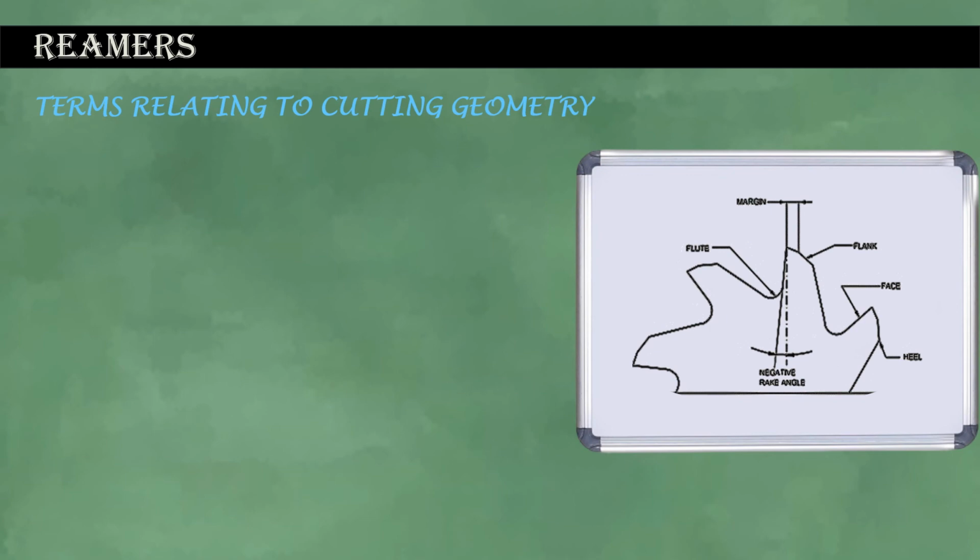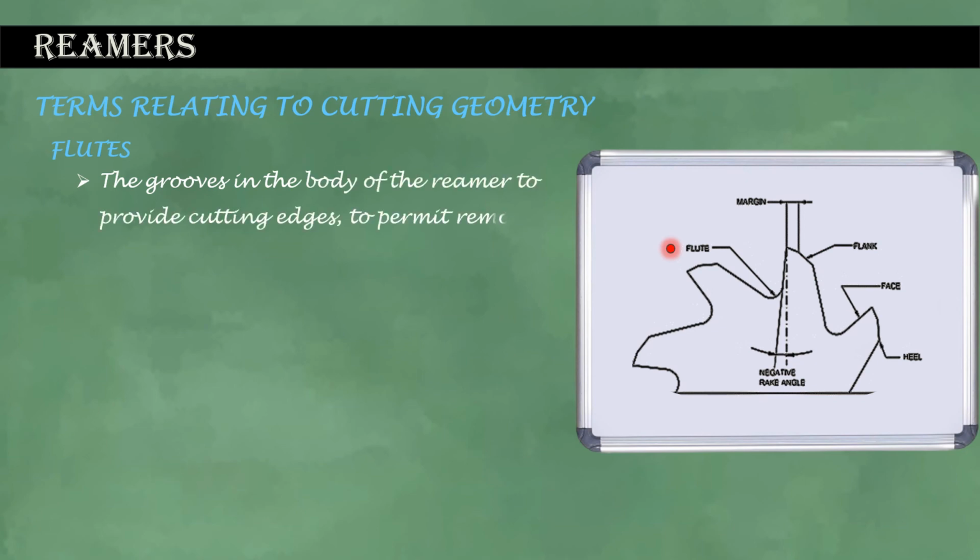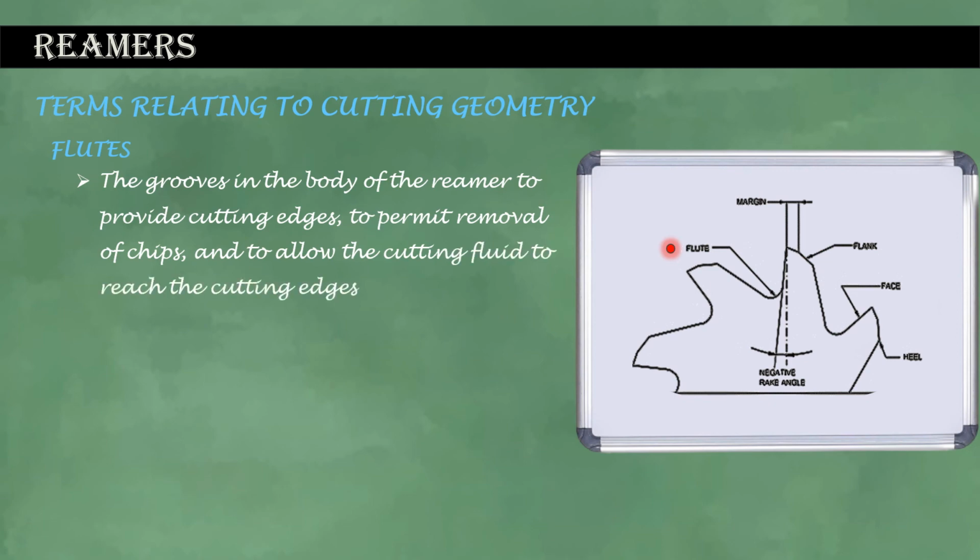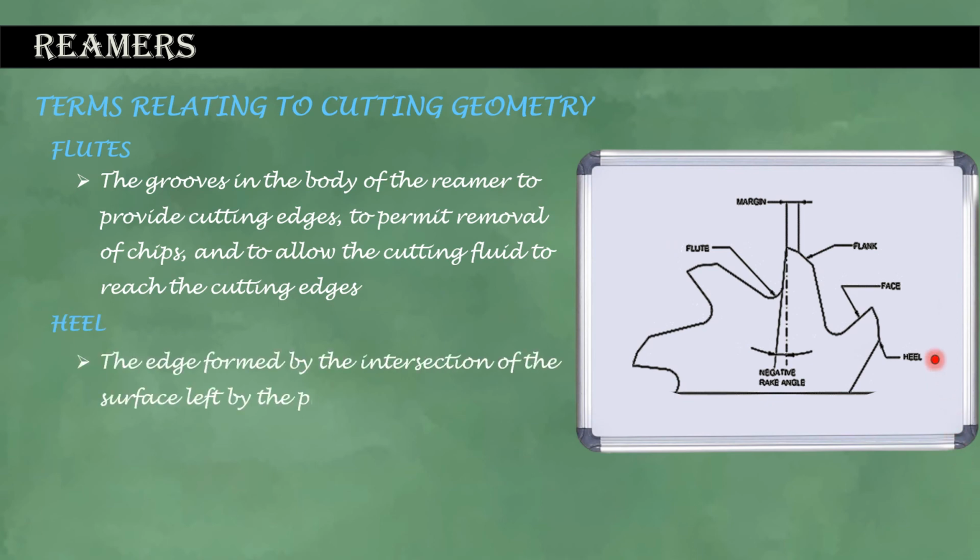Terms relating to cutting geometry. Flutes. The grooves in the body of the reamer, to provide cutting edges, to permit removal of chips, and to allow the cutting fluid to reach the cutting edges. Heel. The edge formed by the intersection of the surface left by the provision of a secondary clearance and the flute.